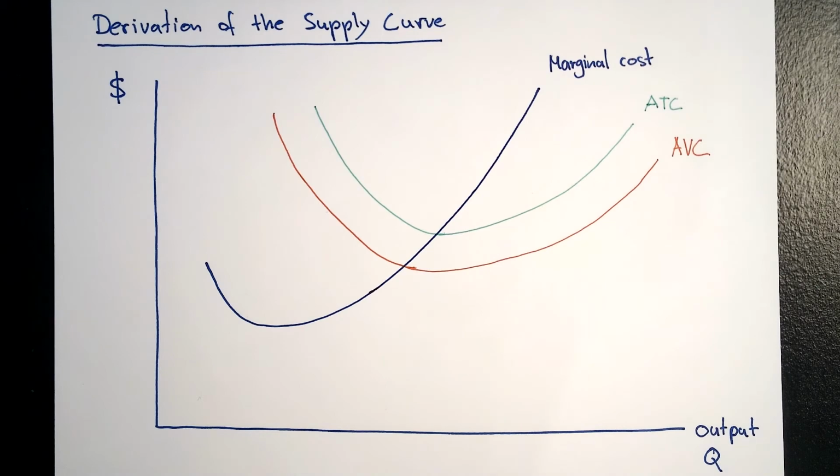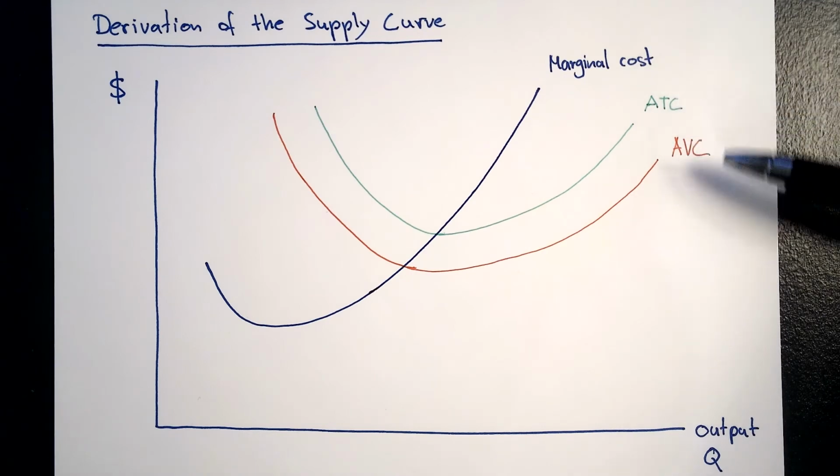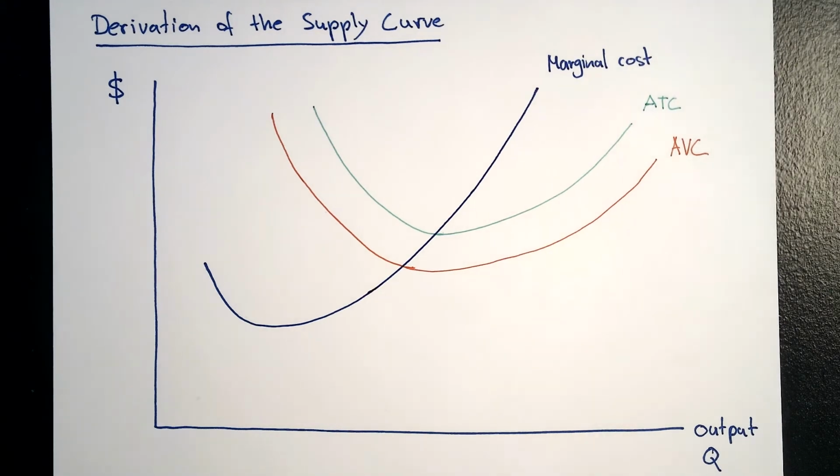So in this graph here, I have simply represented the marginal cost, the average total cost, and the average variable cost. And I would like to reiterate how we derive the supply function of the firm. Now note that in this case, this is what we have seen in the Excel file.